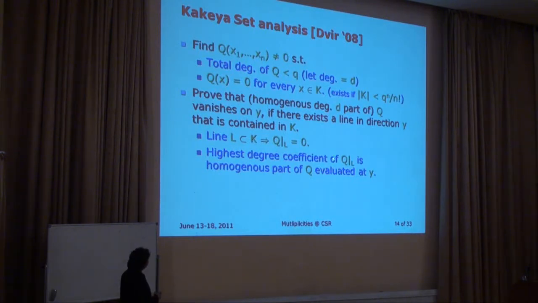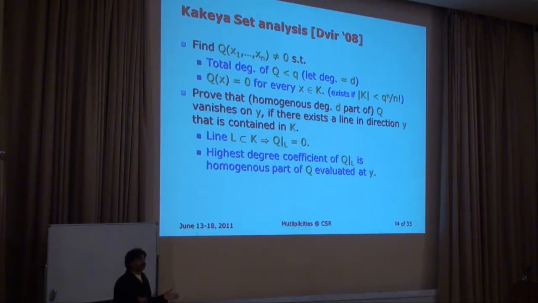So once you have this, what do we have? We have a line in every direction contained in K. So for every point y, the highest degree homogeneous part of this polynomial Q evaluates to 0. But the highest degree homogeneous part of Q is a non-zero polynomial, and that's all we care about. It's a non-zero polynomial which is vanishing everywhere in the space F_q^n.